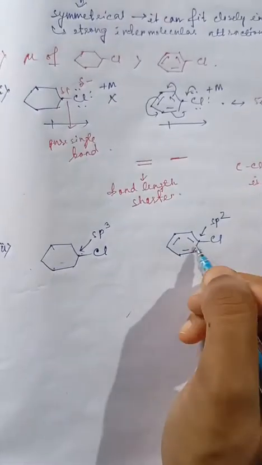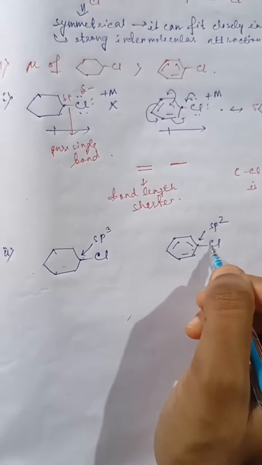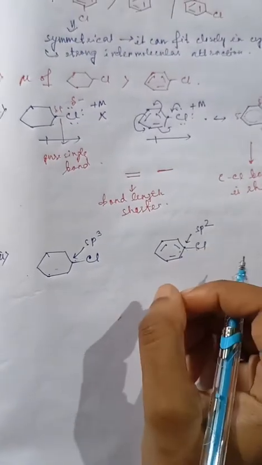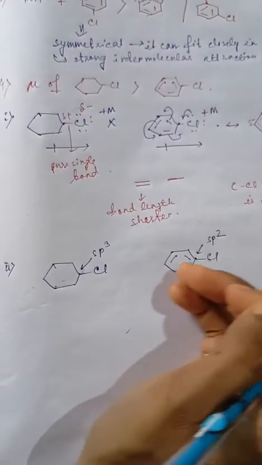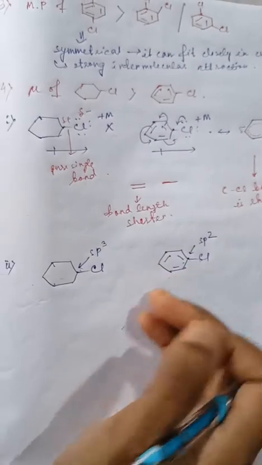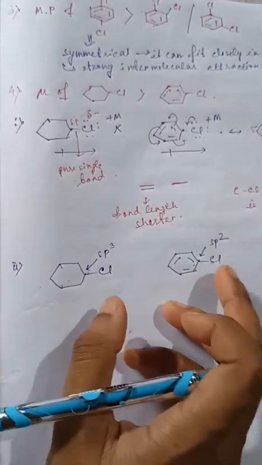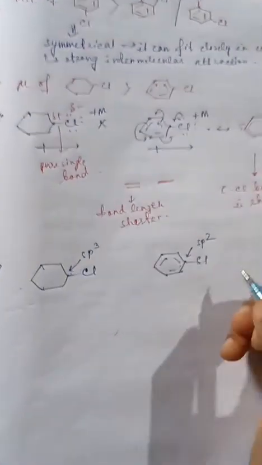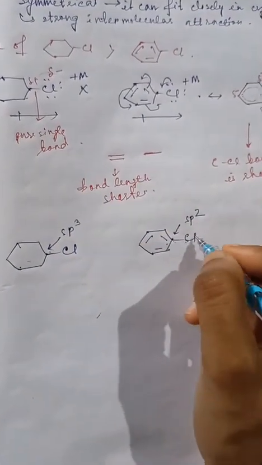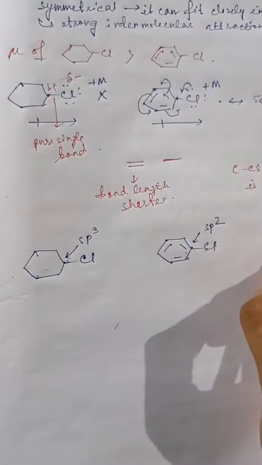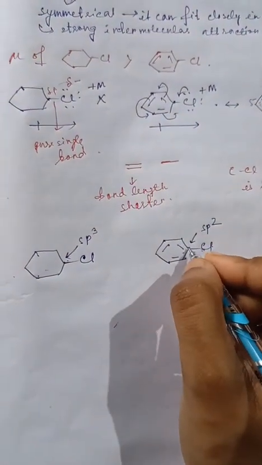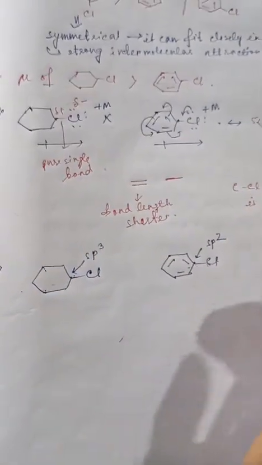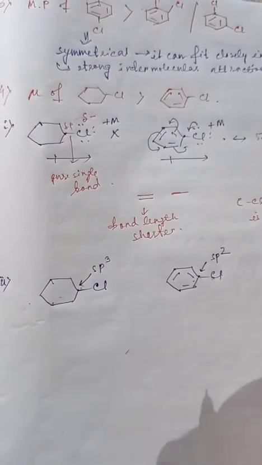So this sp2 hybridized carbon has less tendency to release electrons toward chlorine because it is comparatively more electronegative. It tries to slightly withdraw electrons towards itself. On the other hand, chlorine is electronegative, it tries to withdraw electrons towards itself, and this carbon is also like, no, I'm not going to lose all my electrons, I'll also try to pull some of the electrons towards myself because I'm also electronegative.